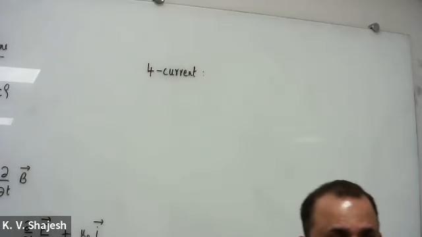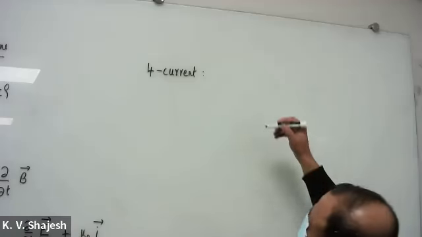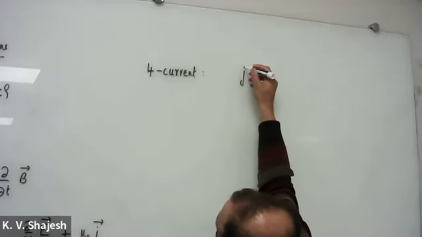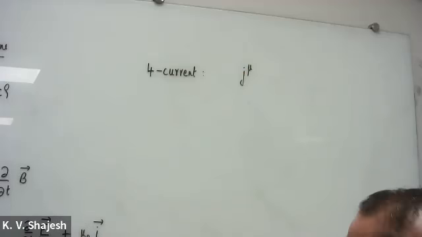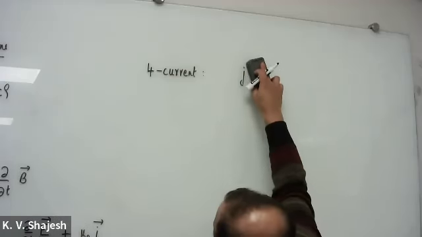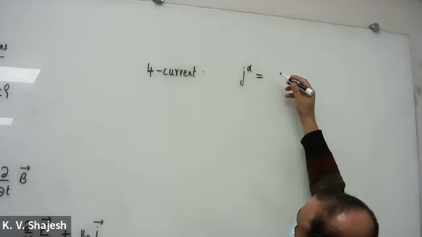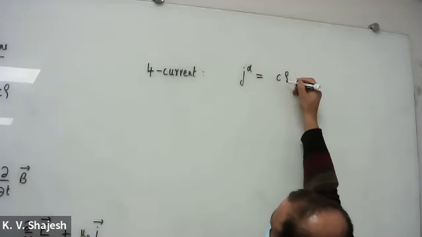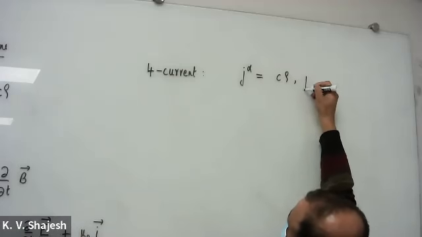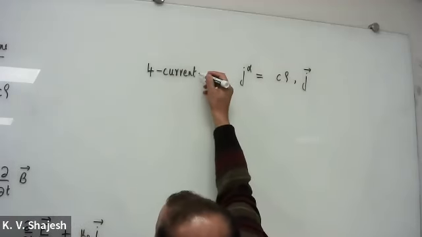We have defined it for position and for velocity; for current it will be J mu. Let's call it J alpha, because mu is mu naught. So J alpha, we will say, is c times rho and J, where this is the usual current density, charge density.